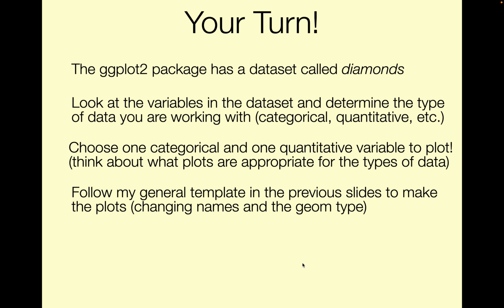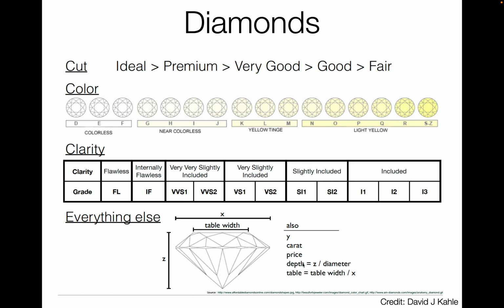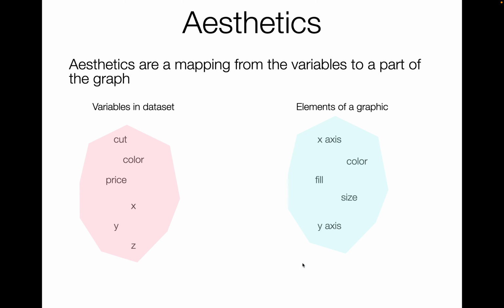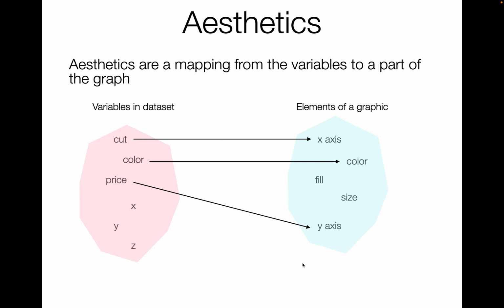So I talk about a diamonds data set here. You can read this and do stuff about the diamonds. I show you some diamonds. Okay. And I have a little animated slide here that talks about aesthetics.